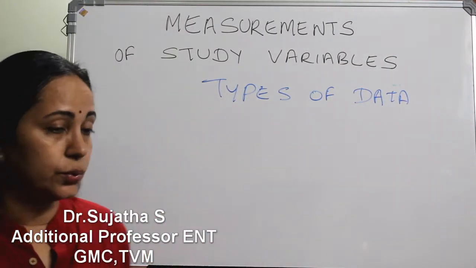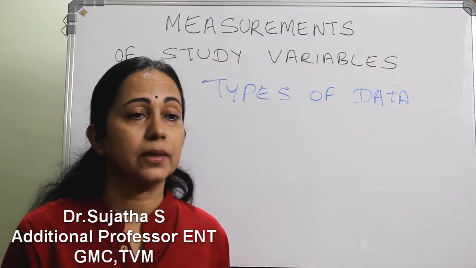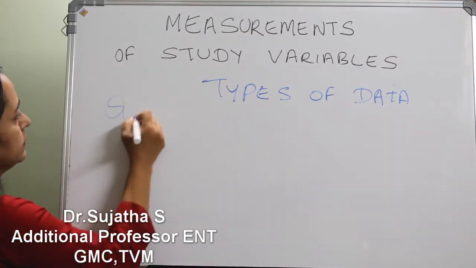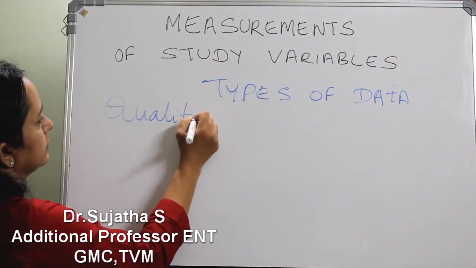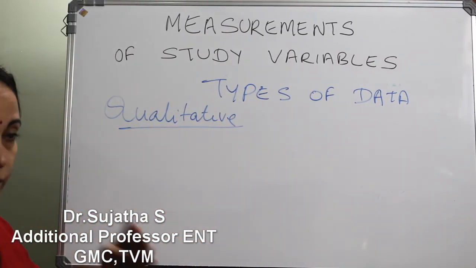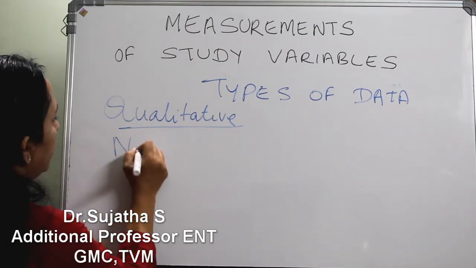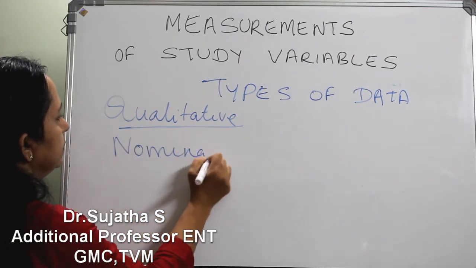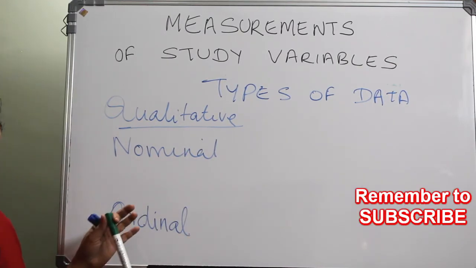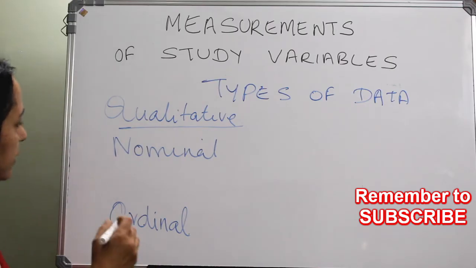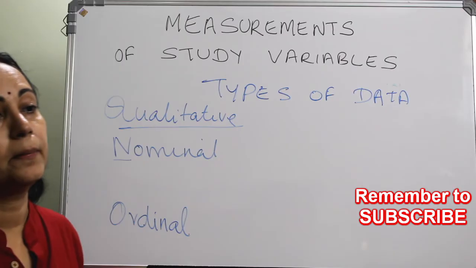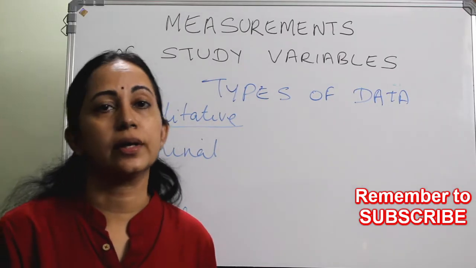I have already told you what is a qualitative study and what is a quantitative study. In a qualitative study, there are mainly two types of data, namely nominal and ordinal. This nominal, here there is an n, so it is a named data, but it does not have a natural order or a ranking.